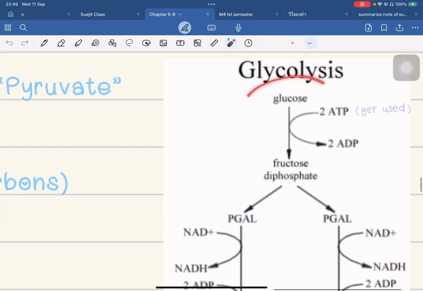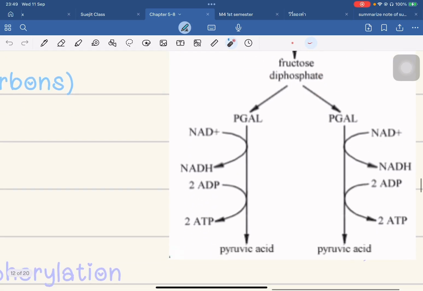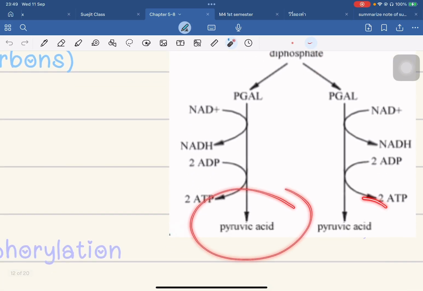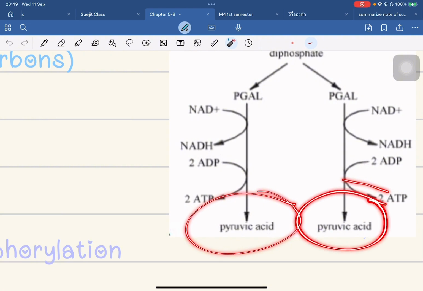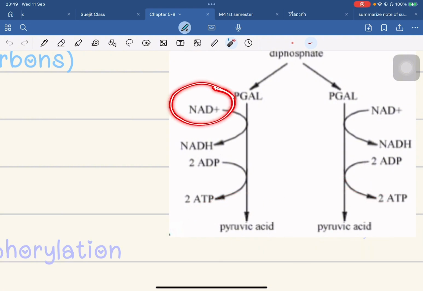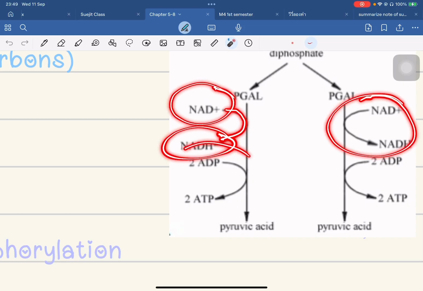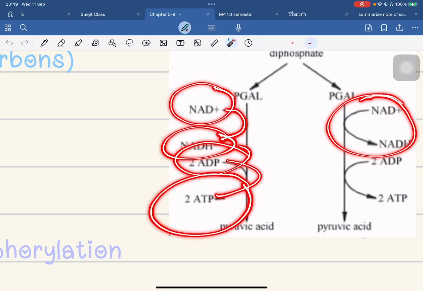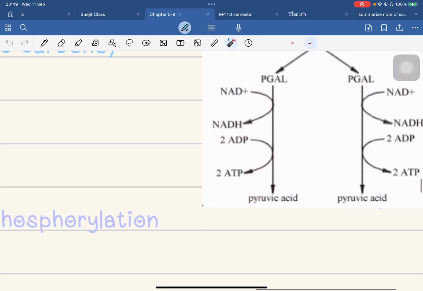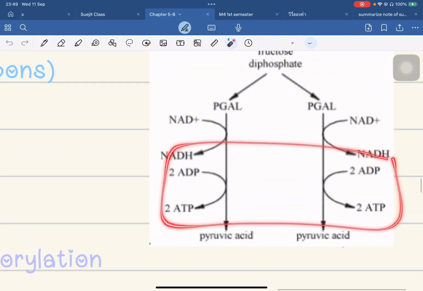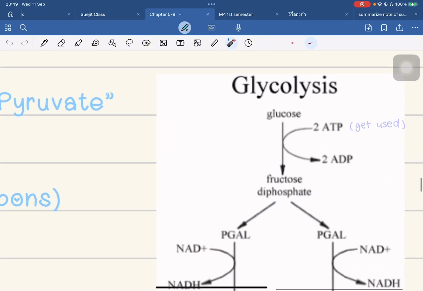At first the glucose becomes two 3-carbon molecules, but they are not stable, so they convert again into pyruvate. We get 2 pyruvates, NAD plus turns into NADH on both sides, and ADP forms ATP. We get 4 ATP in total, but from the start we used 2 ATP to break down the glucose.